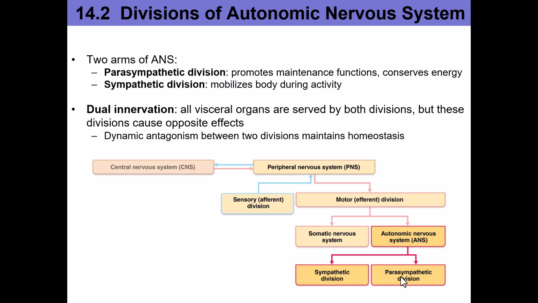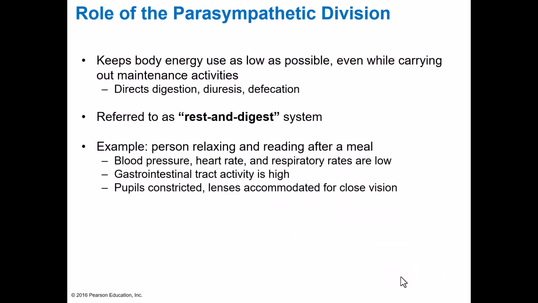It's fairly straightforward, but I will tell you this. The parasympathetic division is known as the rest and digest system because the purpose of this division is to keep your body energy use as low as possible.